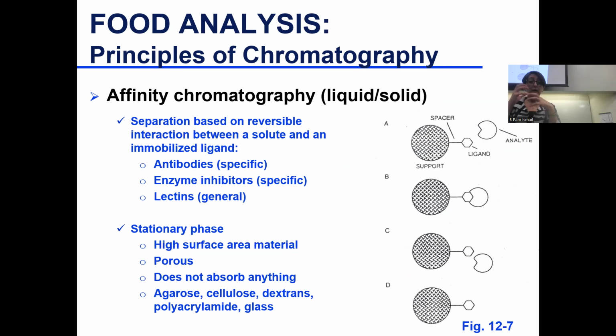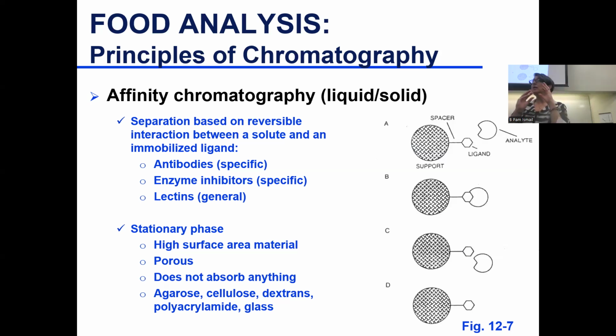You have interactions between your analyte and a functional group or a ligand on your stationary phase. These interactions can be specific. Let's say you are isolating a specific antigen, a protein. Your ligand could be antibodies for that protein. So that is a specific interaction via hydrophobic, hydrophilic, ionic interactions, hydrogen bonds, van der Waals.